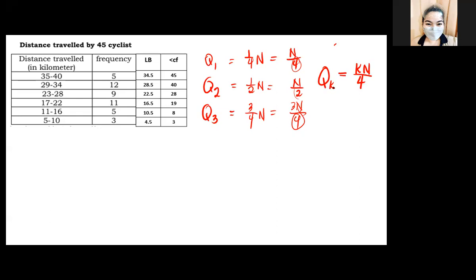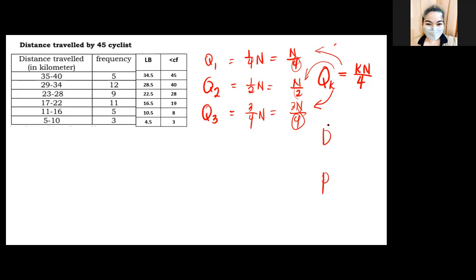Is it quartile 1? Is it quartile 2? Or quartile 3? Third quartile? So, supposing it is quartile 3, this will be your answer. If first quartile, this, and if second quartile, that. Okay.